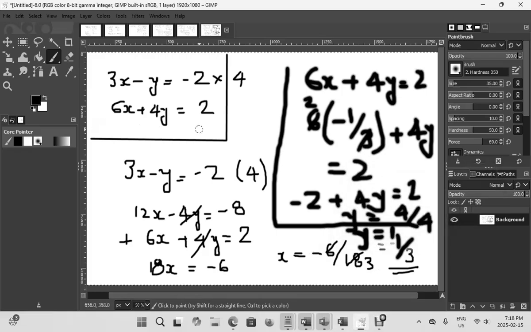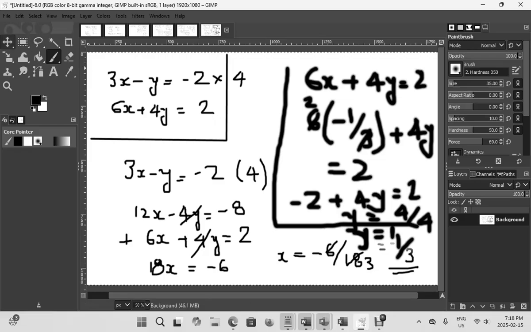Now, in order for you to check the x and y values, you will simply need to sub in the x and y values into both of these equations, and make sure that the number on both sides of the equal sign is the same.